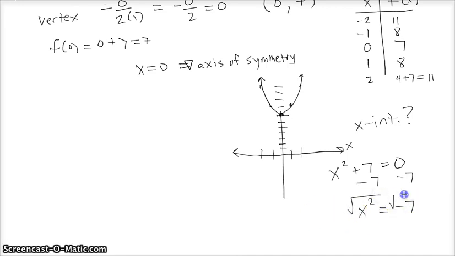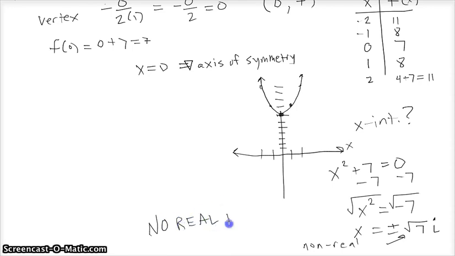Now, when we talked about this before, we get plus or minus the square root of 7i. So these are non-real. So there are no real intercepts for this.